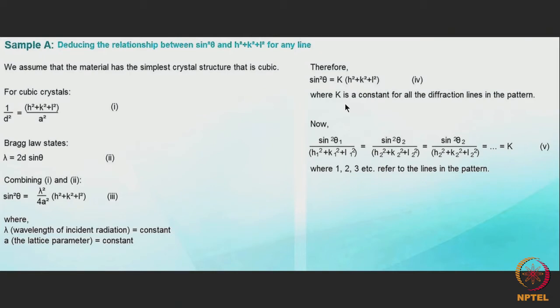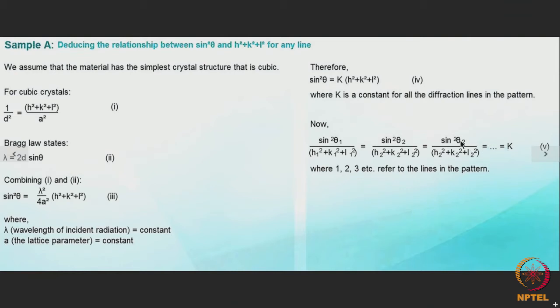If that be the case, we can write for line pair 1, sin square theta 1 divided by h1 square plus k1 square plus l1 square, should be equal to sin square theta 2 for line pair 2 divided by h2 square plus k2 square plus l2 square, equal to sin square theta 3 divided by h3 square plus k3 square plus l3 square, which is equal to k.